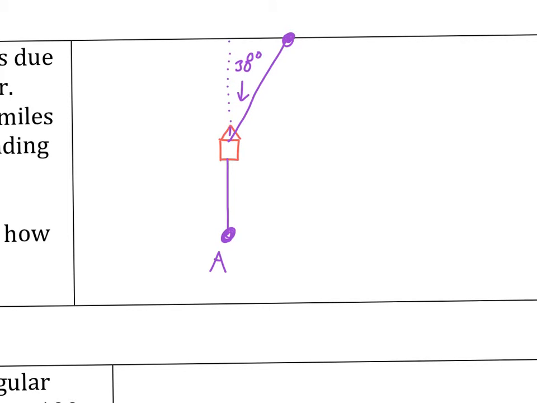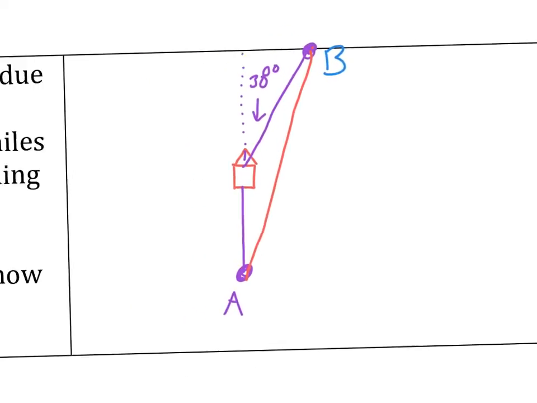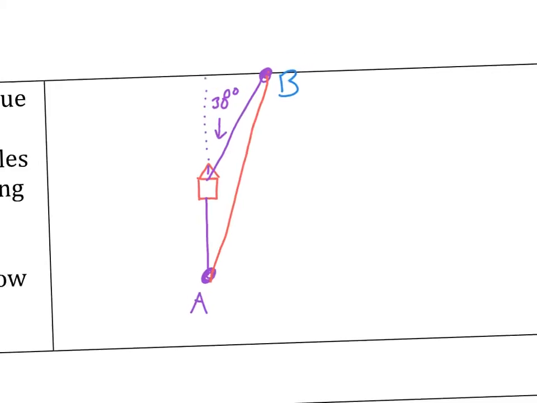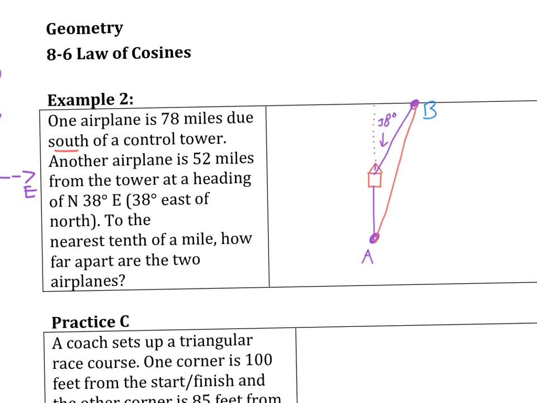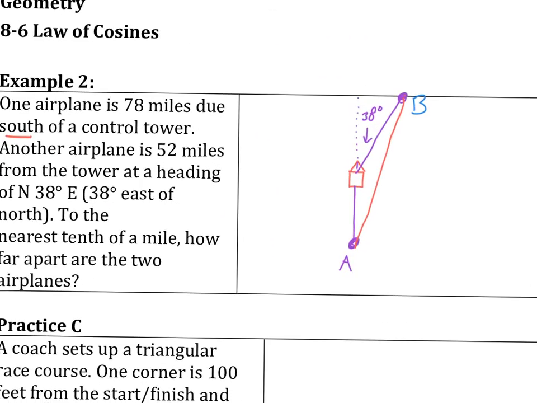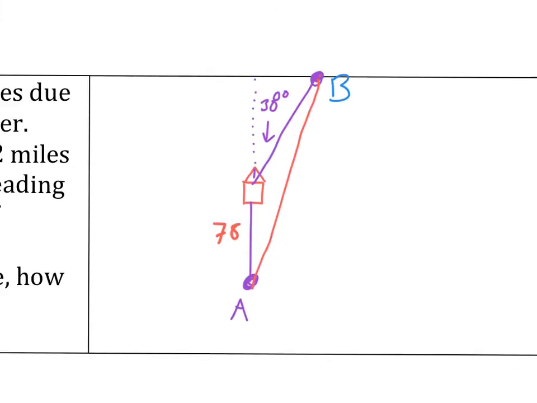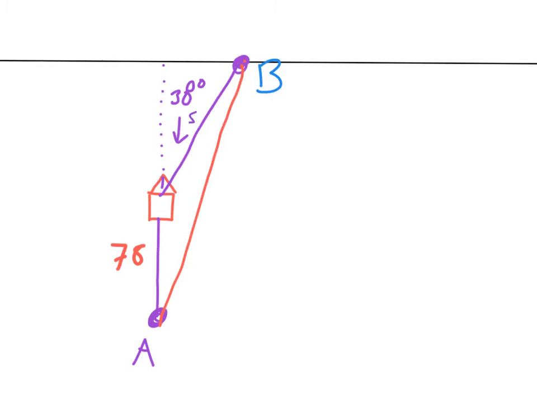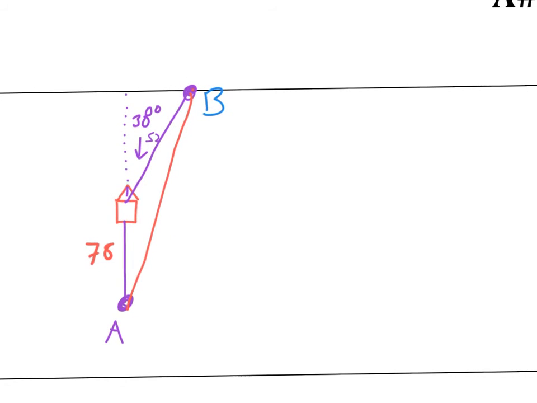And the question is, how far are the two airplanes? So there's airplane B. So however are we going to come up with anything about this? I do need to label those, 52 and 78. Oh, is that not drawn to scale? And 52. Not drawn to scale, so I might want to resketch. Notice the 78 should be longer.